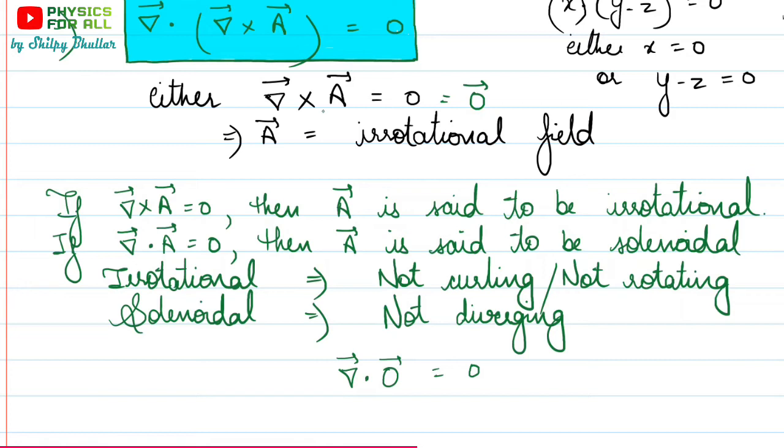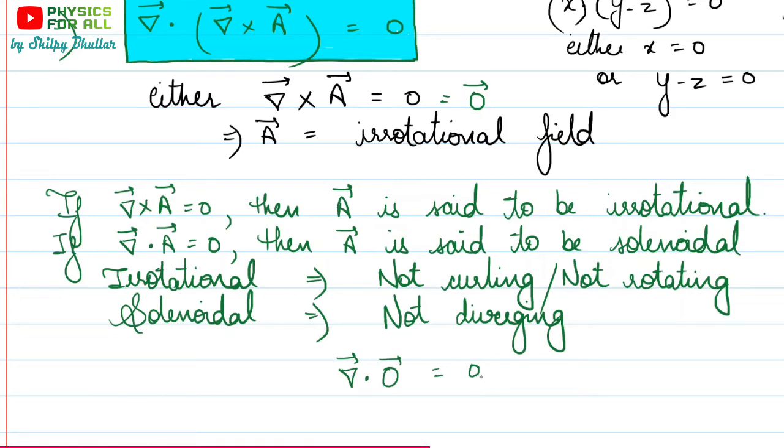Either way it's correct, whether you just call it 0 or a 0 vector, because if something has direction but no magnitude, then it has no meaning. And divergence of any 0 vector would give us 0.